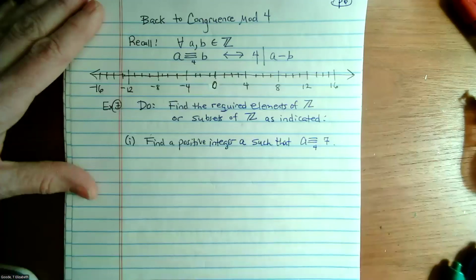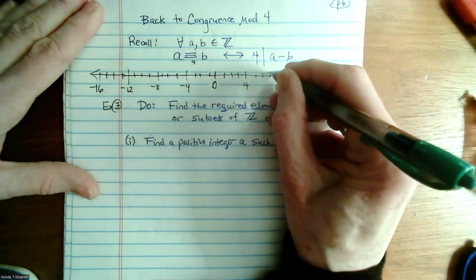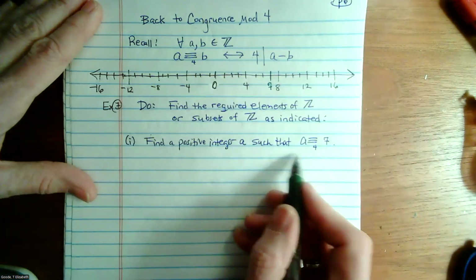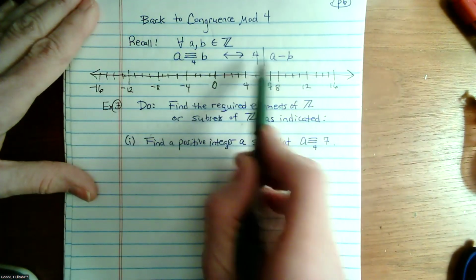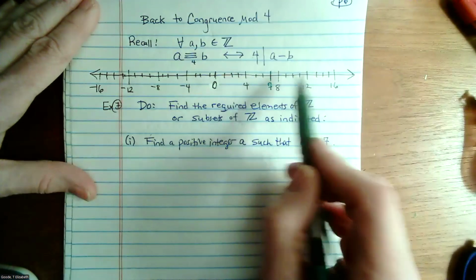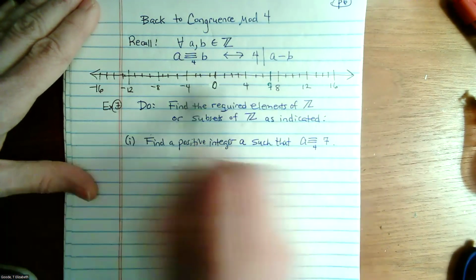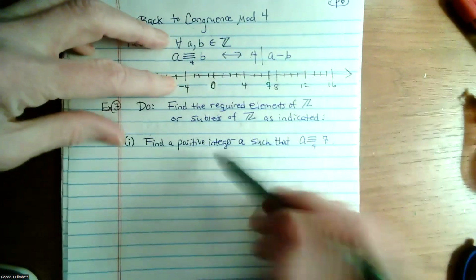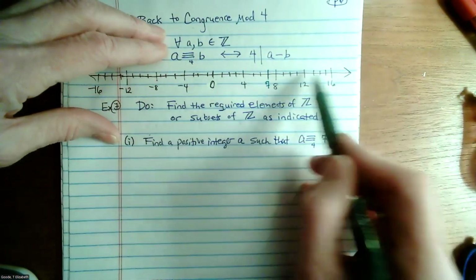So we can find 7 on our number line, and we can think about what 7 is. Here's 7. Let's think about what it means to say 4 is going to divide A minus 7, because B is 7 here. That means the distance between 7 and A, wherever we pick A, needs to be positive, so we're going to pick A on the positives.